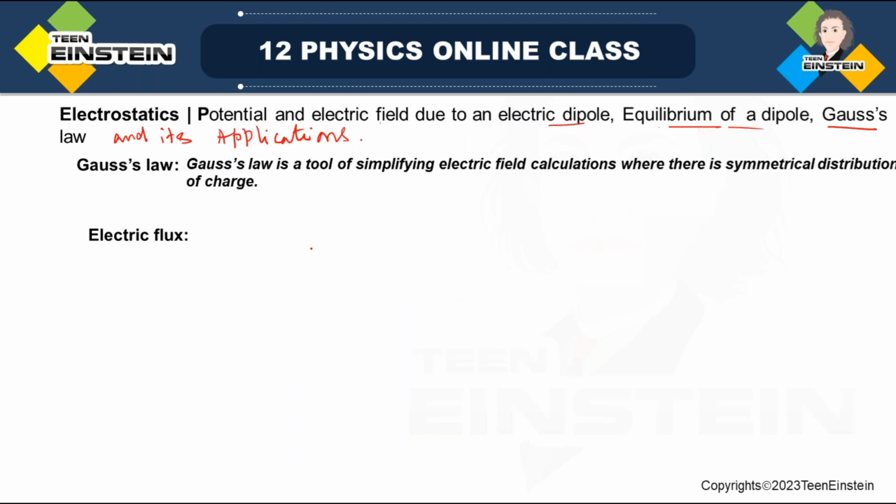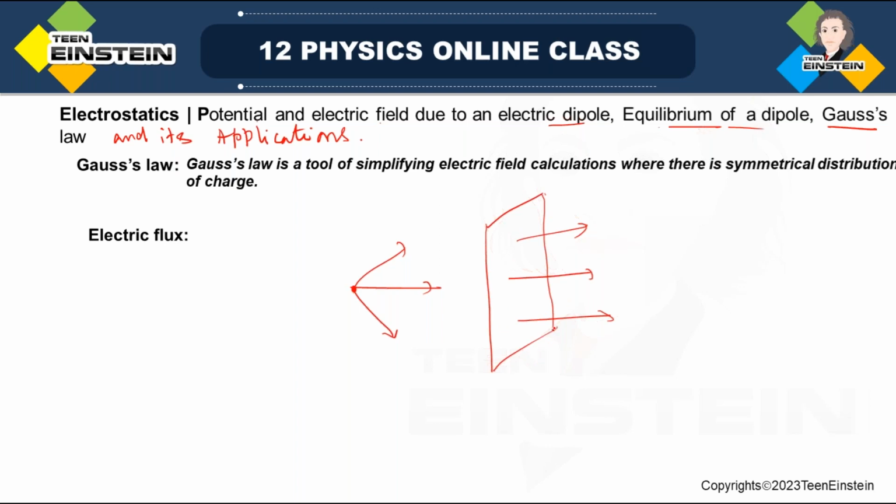Now, what is electric flux? Suppose I have a point charge here. Obviously, the electric field lines will pass like this. If I have a plane surface here, then these field lines will be passing through this surface area. The field lines are horizontal and the surface area is kept vertically, perpendicular to the horizontal plane.